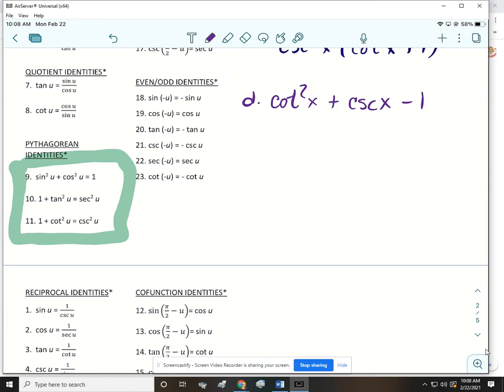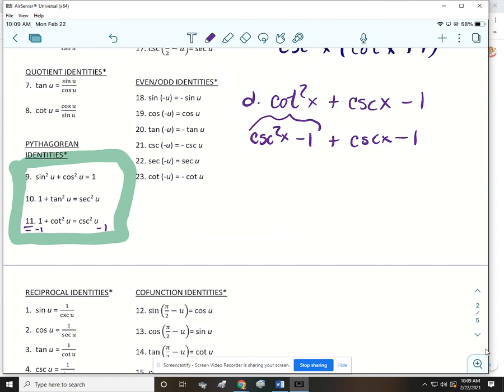So what we're going to have to do is change cotangent squared, preferably to a cosecant. So if I look down here at number 11 and I subtract that 1, I can replace cotangent squared of x with cosecant squared of x minus 1. Okay, so all of that is what cotangent squared of x equals.